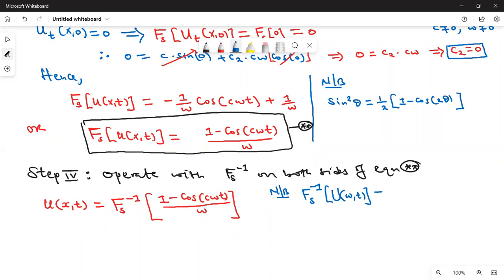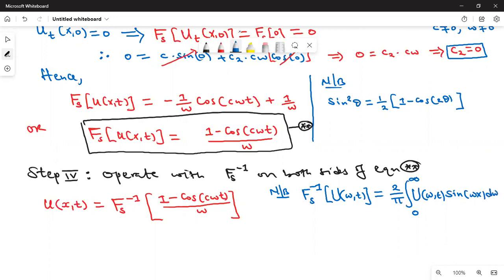It is defined by 2 over pi times the integral from 0 to infinity of the function you're getting its inverse, that is U of omega, t, times sine omega x d omega.